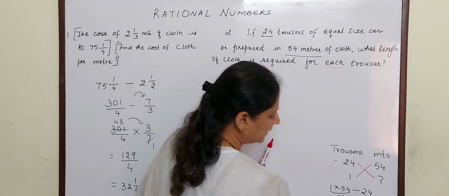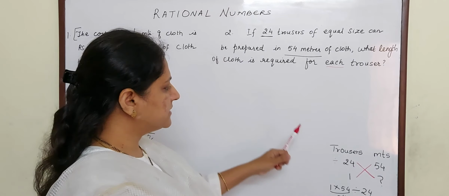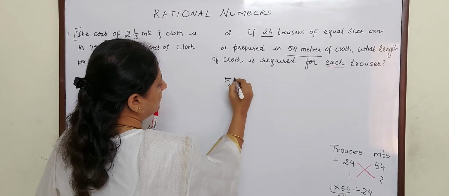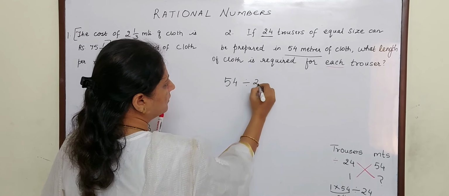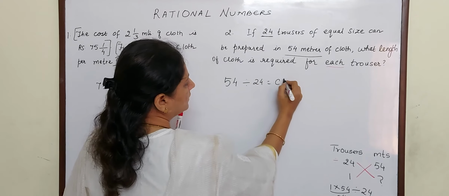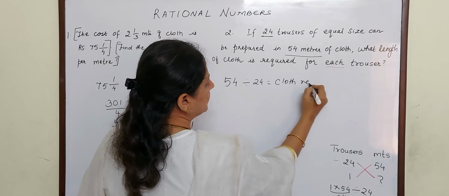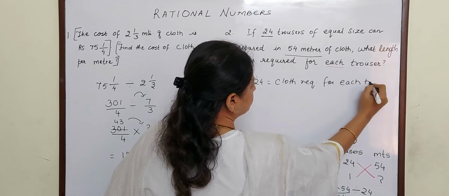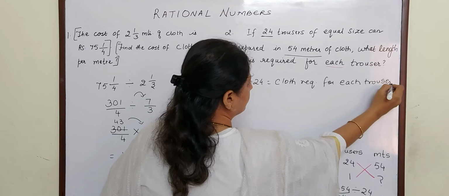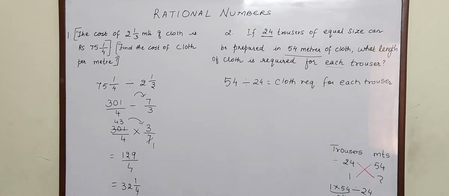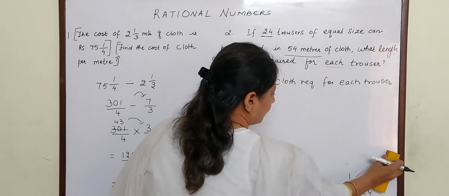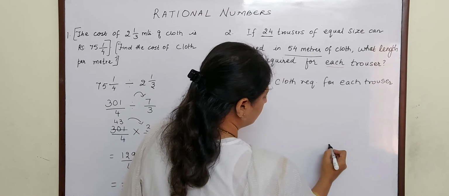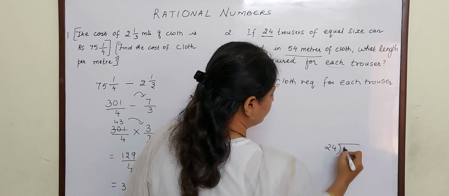54 divided by 24. So we will take this from the rough column and go to the main side. 54 divided by 24 will give us the cloth required for each trouser. So let us divide. 54 divided by 24.